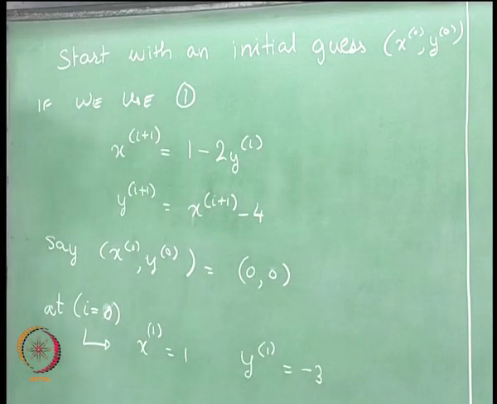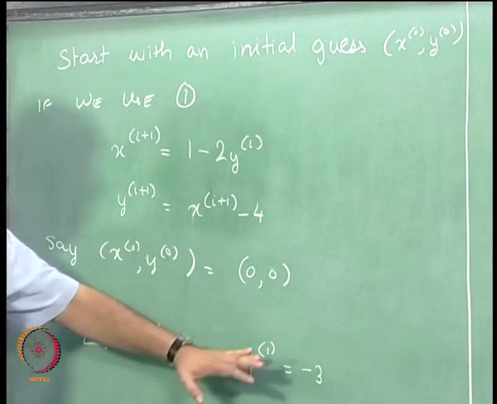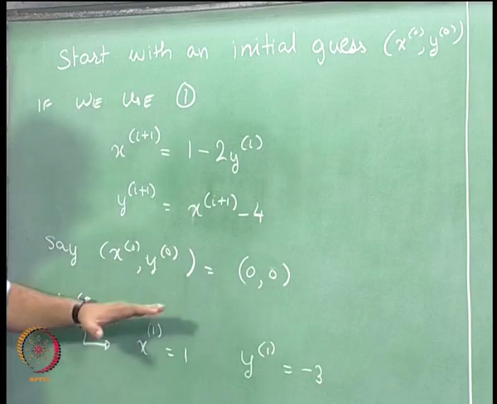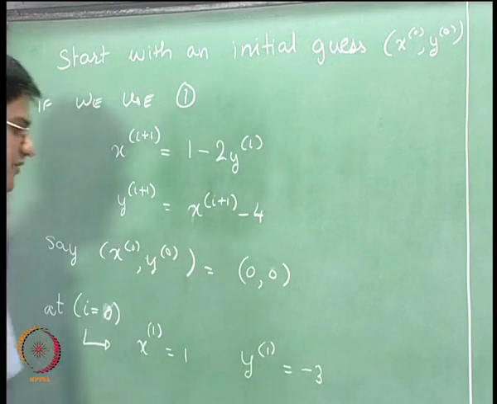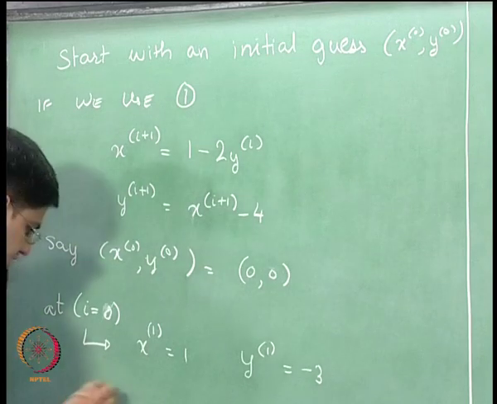Okay. And at this point of time what you can do is just try to solve these equations in order to get x2, x3, x4, x5 and so on, and we will keep doing that.